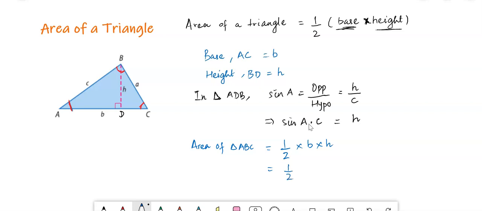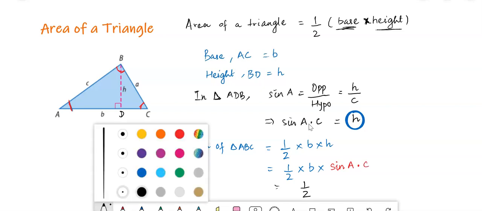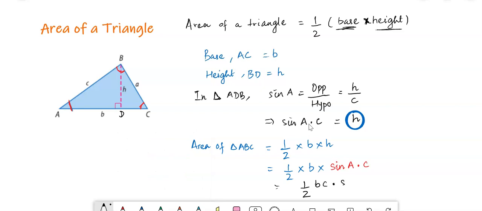Now you can see, half times base times H, and H is sine A times C. When you write them all together, you're going to find it is half times BC times sine A. Now this is a very important formula to find the area of triangle ABC, using the length of two sides and the sine of one angle.